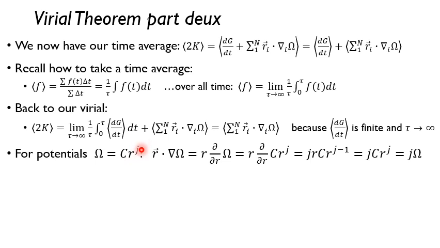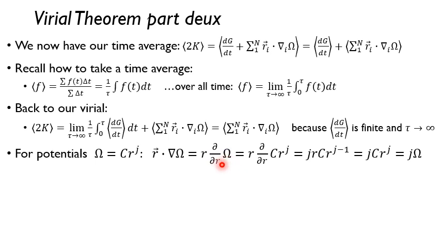Okay. So then our position dotted with the gradient, because this is only a radial potential, the gradient just becomes a derivative with respect to radius. So position dotted with the gradient is just radius times the partial derivative of the potential with respect to position.